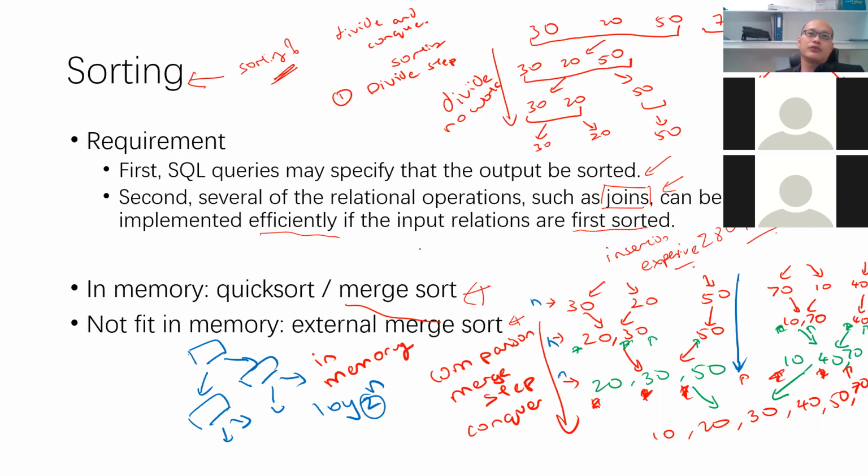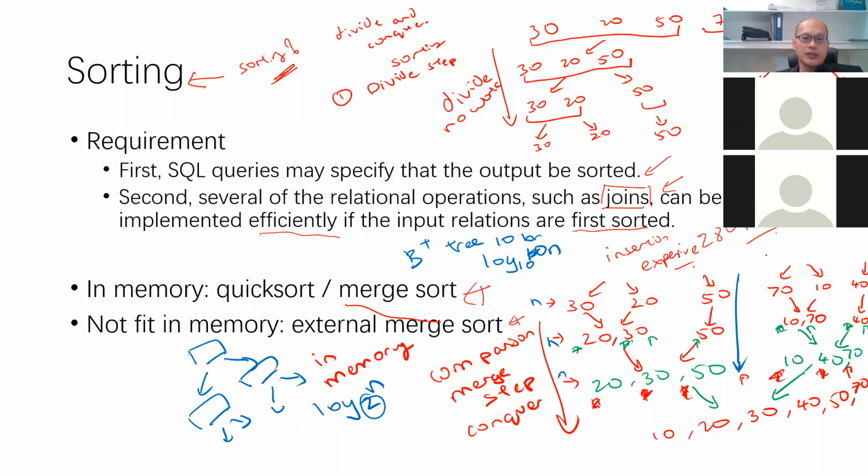If I have a B plus tree of 10 branches, this will be log n base 10. So for merge sort, you can consider the branching factor, the fan-out factor, to be just 2, and so the height of this tree will be log n base 2.